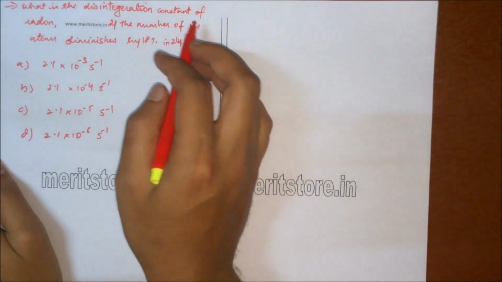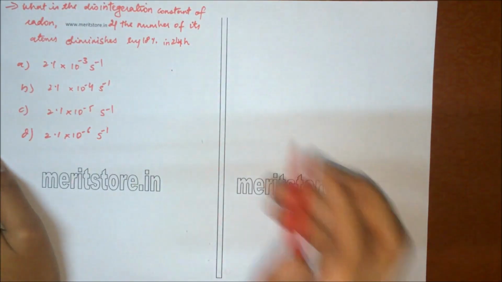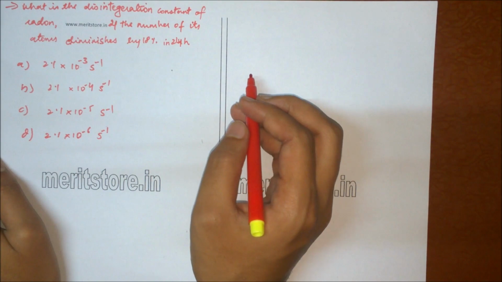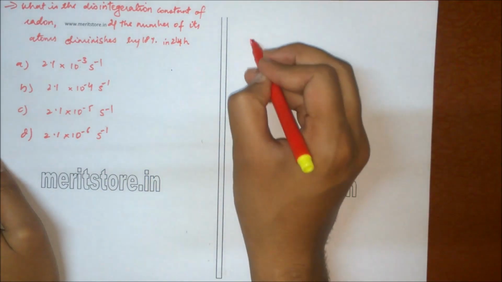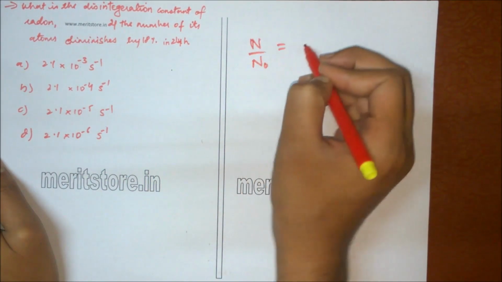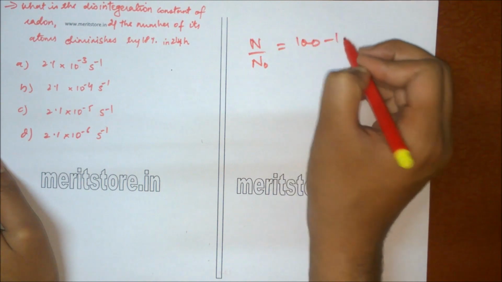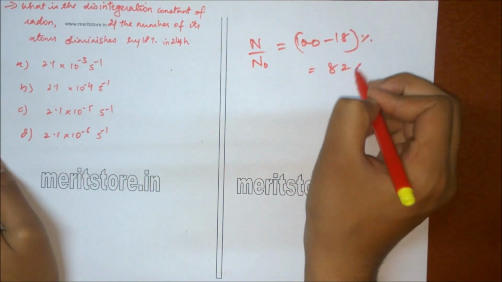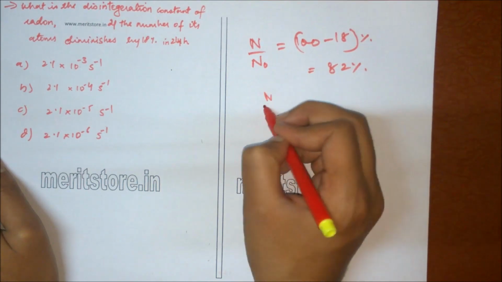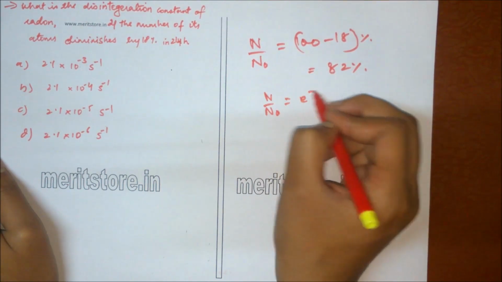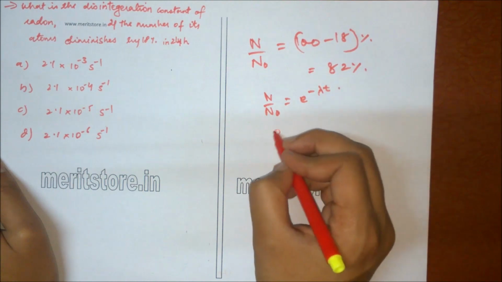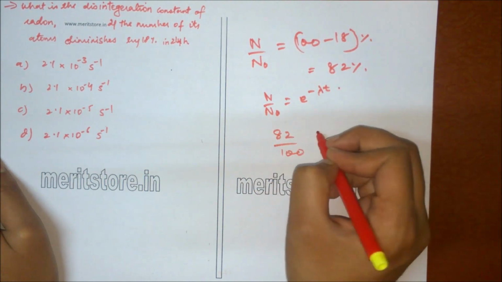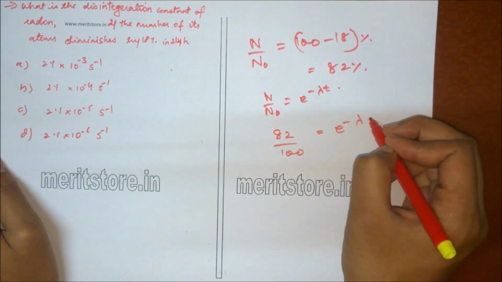What is the disintegration constant of radon if the number of its atoms diminishes by 18% in 24 hours? The percentage of radioactive substance left behind after time t is n upon n0, which is equal to 100 minus 18 percent, which comes out to be 82%. So we know n upon n0 is equal to e raised to minus lambda t. So 82 upon 100 is equal to e raised to minus lambda t.